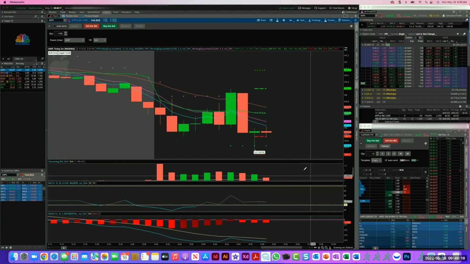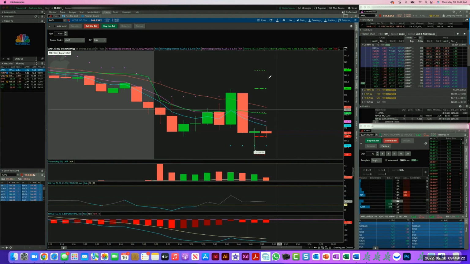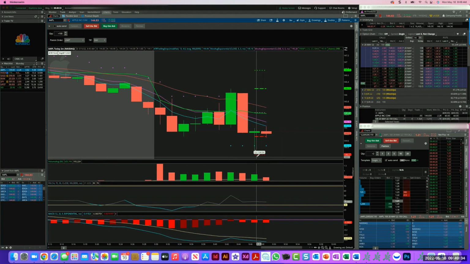So we're going to keep our eye on Apple here. It's no longer oversold, so we're expecting it to move to the upside. But we've just got a lot of volatility here on the VIX. So we're going to use this ATR trailing stop at 144.44 as our gauge to stay in this trade.